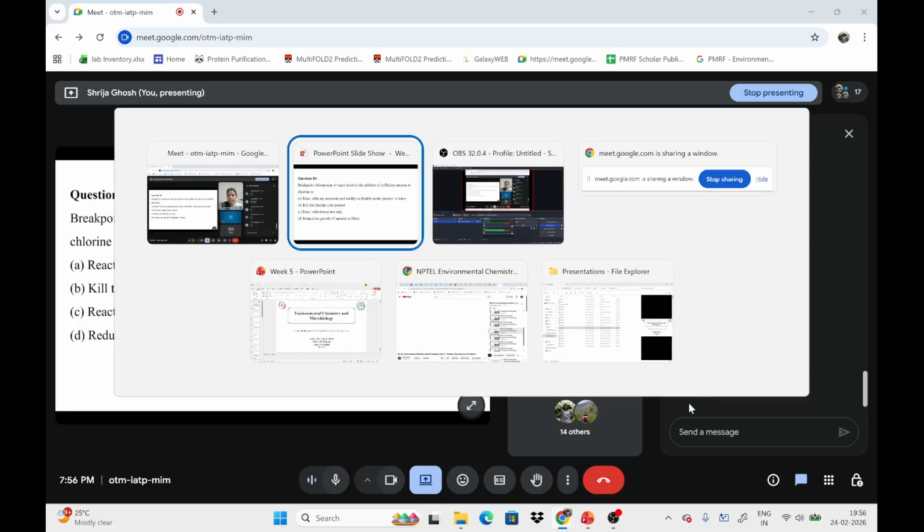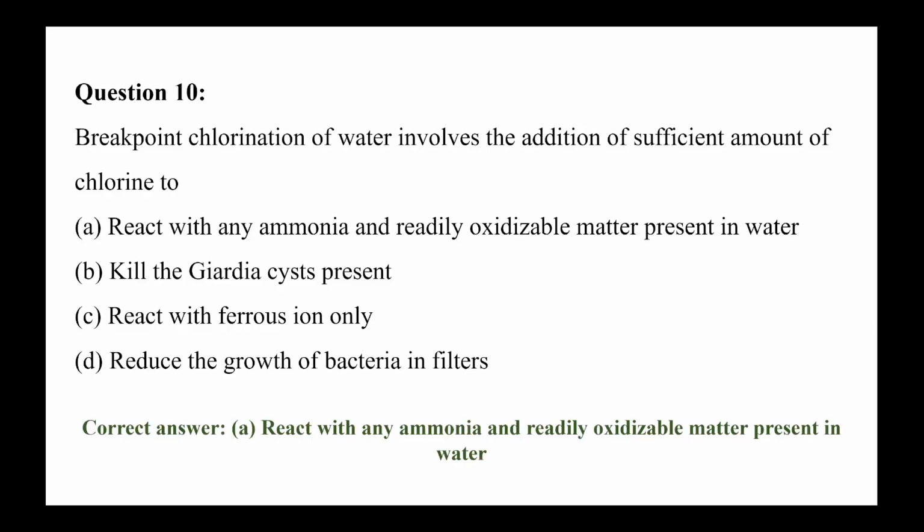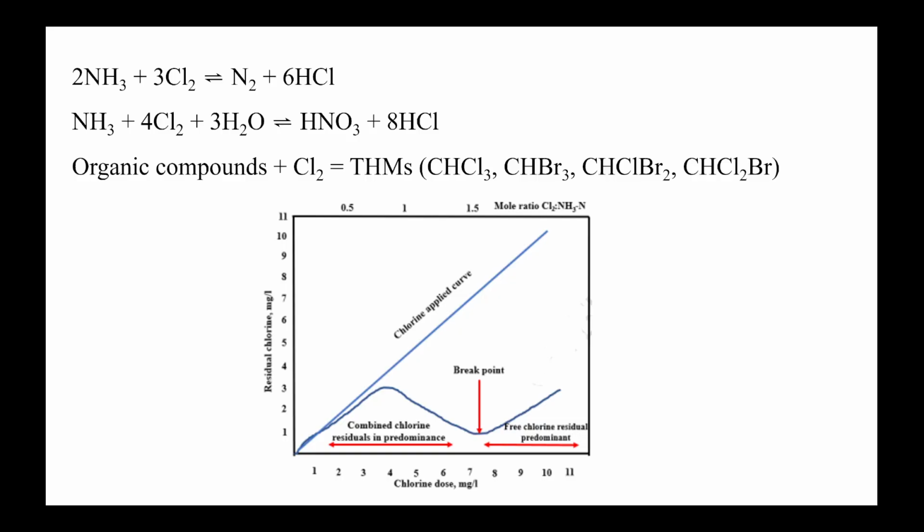Okay, let's see the correct answer. So you are saying option A, react with ammonia and readily oxidizable matter present in the water. That is the correct answer. So breakpoint chlorination, as I have already explained when explaining chlorine demand, is that when you do the chlorination of water, initially the chlorine will immediately start reacting with the organic matter present in the water and it will be consumed.